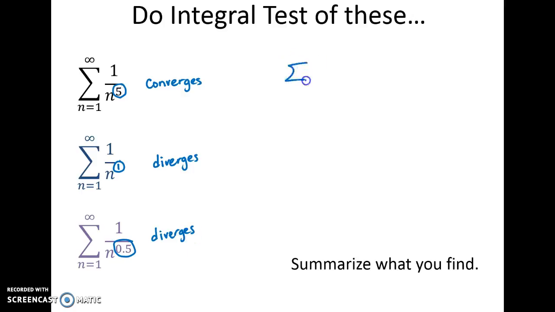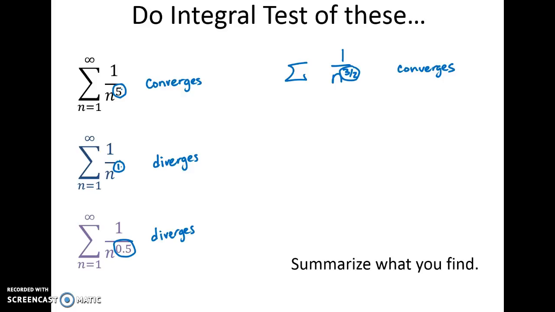Remember the one that we did before was 1 over n to the 3/2, and that one converges. So if I'm going to summarize, what I would notice is that as long as this exponent here is bigger than 1, then we have a converging series. If the exponent is 1 or smaller, then we have a diverging series.